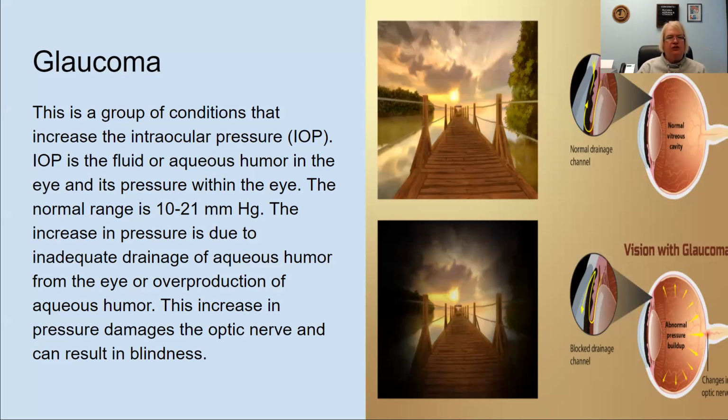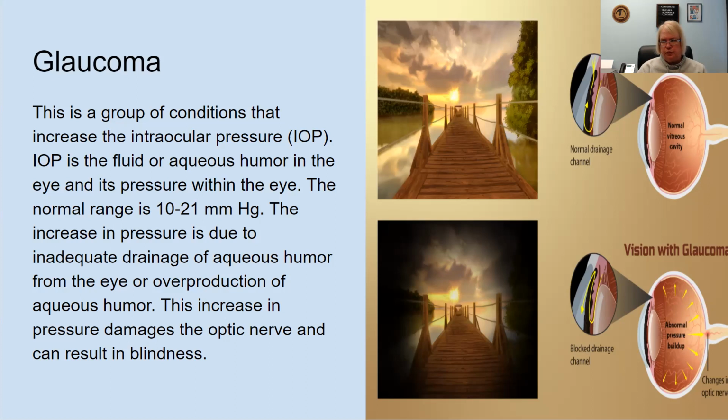The normal range is 10 to 21, and an increase is due to the inadequate drainage of the fluid, the aqueous humor, or there's too much of it. This increase in pressure damages the optic nerve, and that's the whole problem with glaucoma.